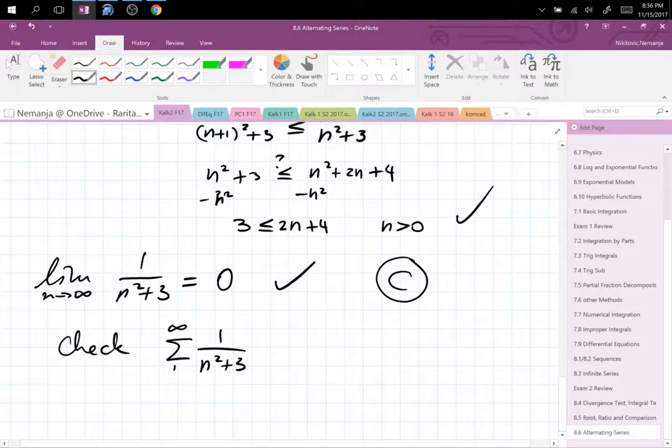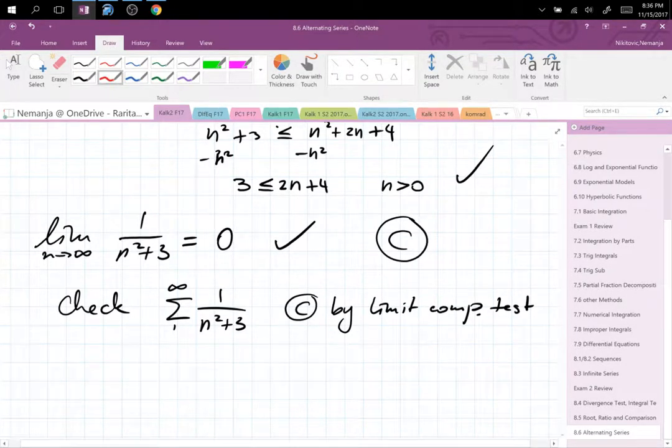Now, I'm going to skip the work for this. This is the previous section. I'll just say converges by comparison test. Limit. Yeah, I'll write it out. So converges by limit comp test.